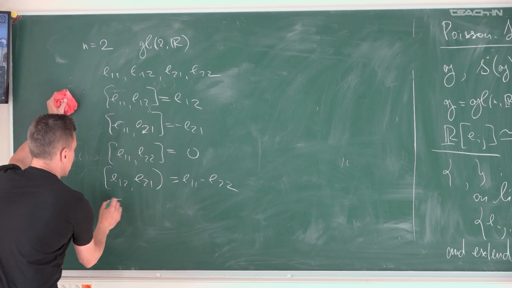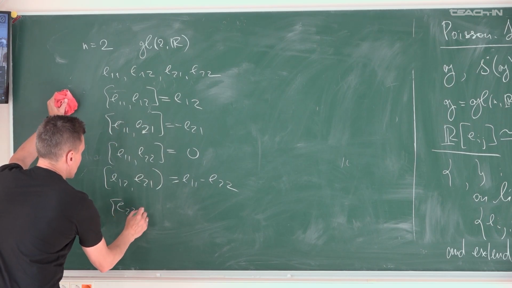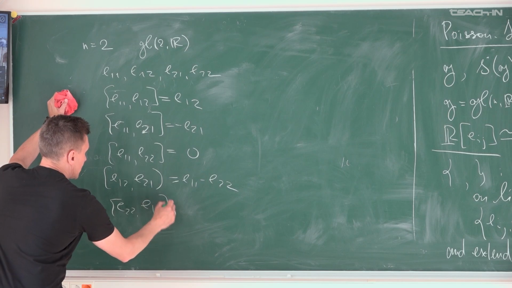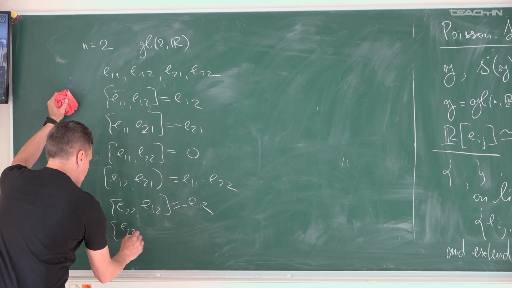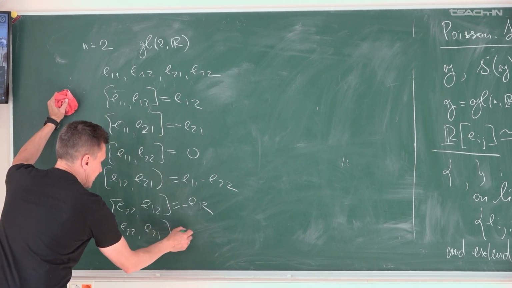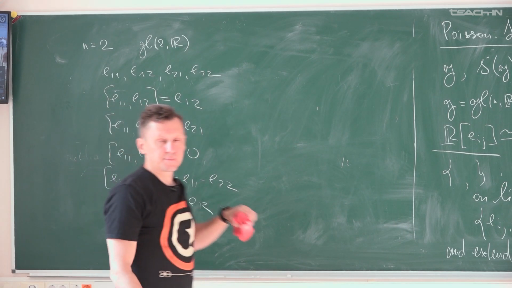And what else? E_22 with E_12 is minus E_12. E_22 with E_21 is E_21. Okay.